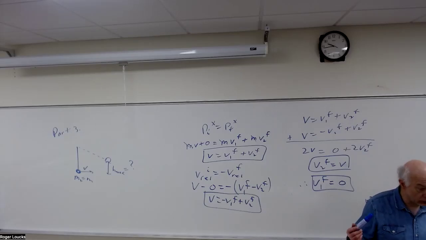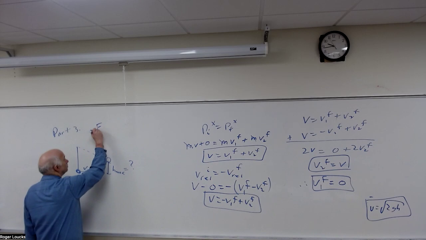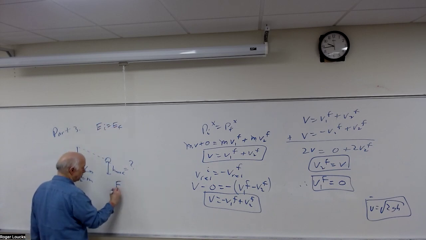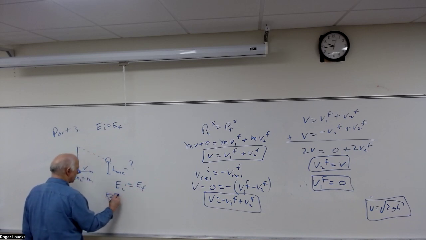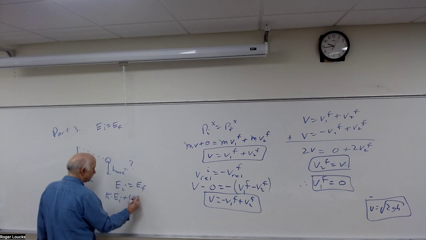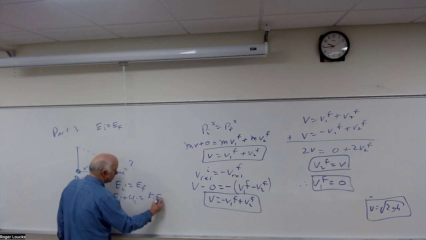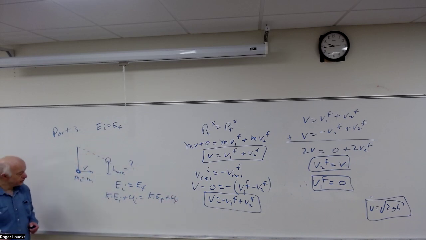Another conservation of energy question. So the physics in part 3 is the initial equals the final. This is your initial kinetic, plus initial potential, equals final kinetic plus final potential. What is your initial kinetic?